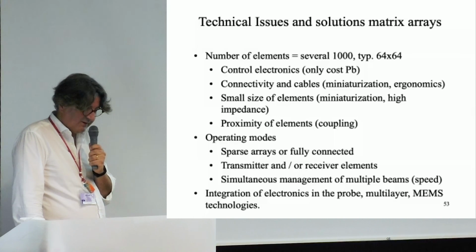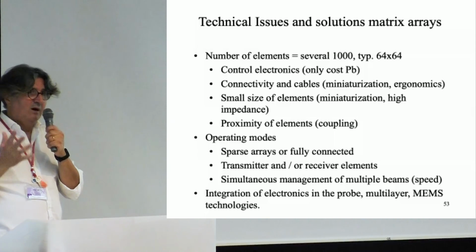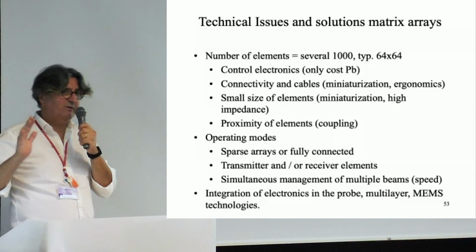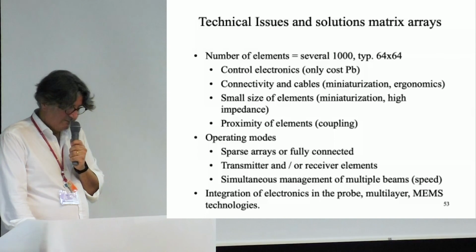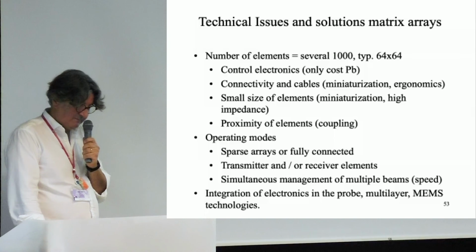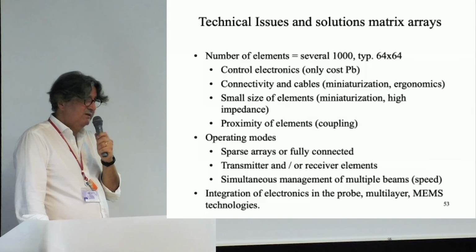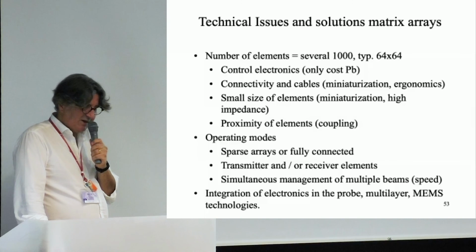And the separation of transmit and receiver elements allows a sparse array for transmission and a sparse array for reception, which limits the number of elements, and so on. And the volumetric data, of course. And you also have the question of the integration of the electronics into the probe using MEMS technologies.